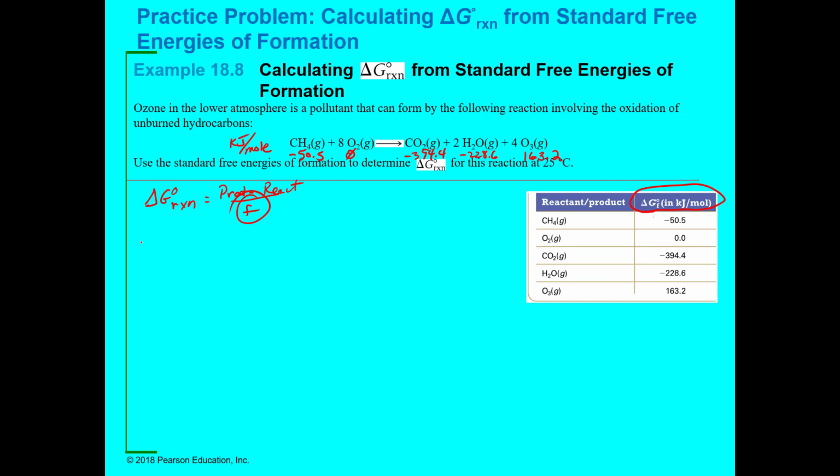All right, so my delta G zero of reaction is going to be products minus the reactants.